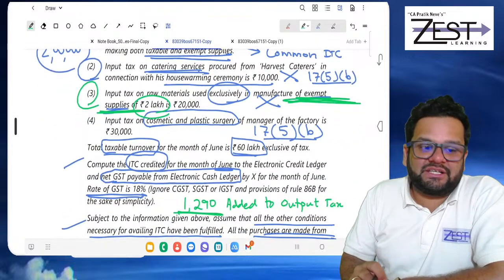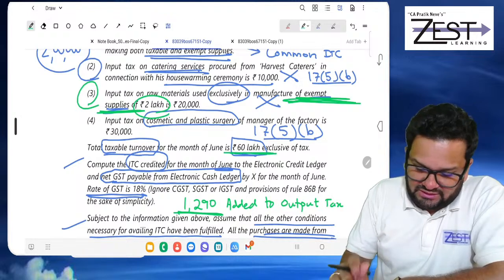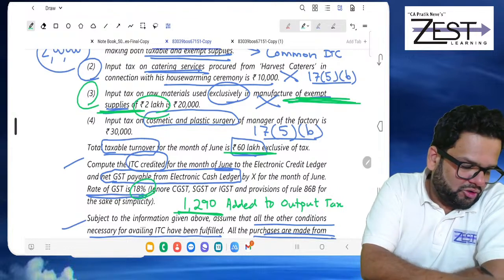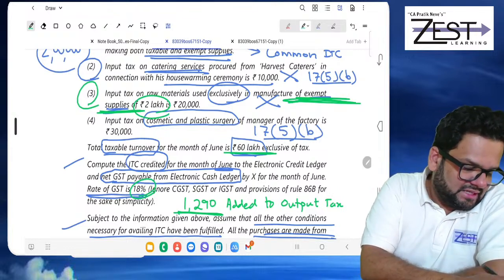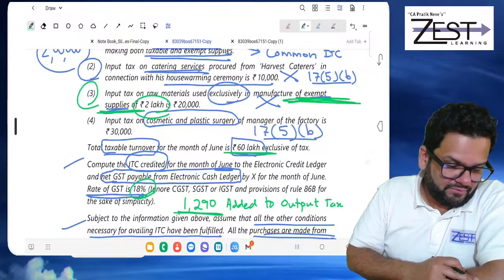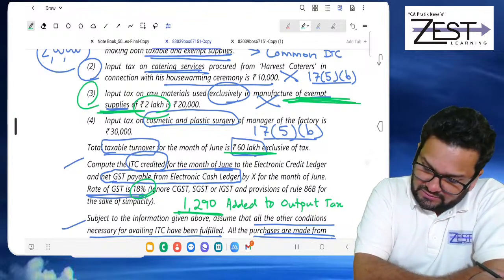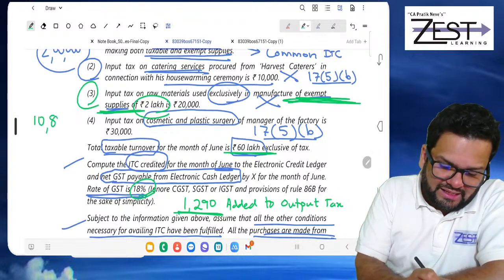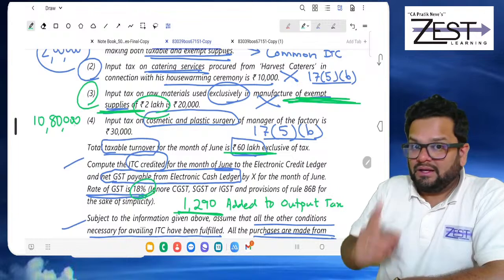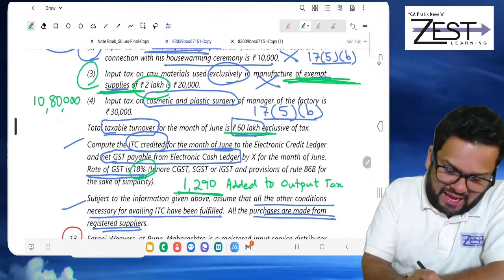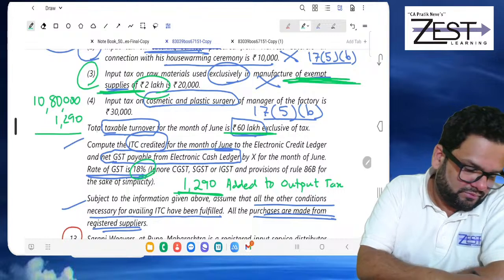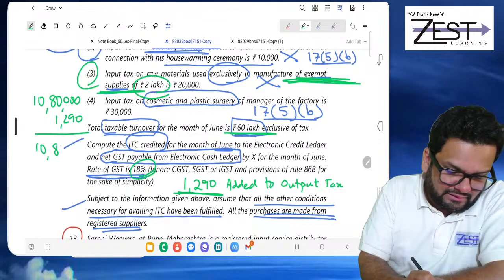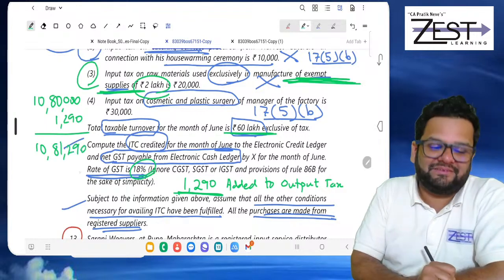So what do you do now? You have to calculate GST payable also. On 60 lakhs, you have to pay GST of 18%. So do on your calculator 60 lakh into 18%. How much is 60 lakhs into 18%? Are you getting 10 lakh 80,000? In that 10 lakh 80,000, add 1290. Are you getting 10 lakh 81,290?